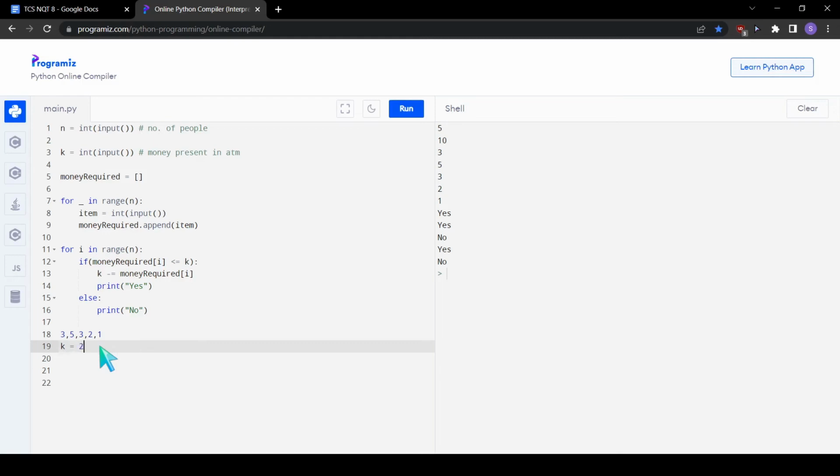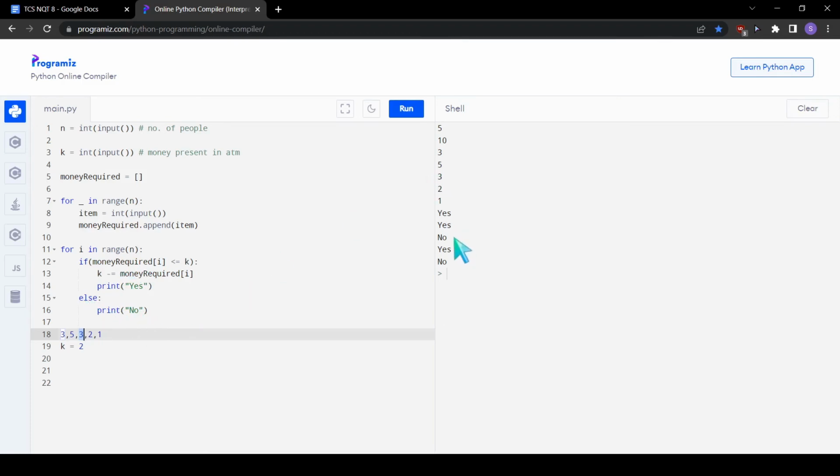Okay, now in the third iteration the third person wants 3 units of money, and we will check if money required of i is less than or equal to k. So money required of i is 3 and the value of k is 2. So is 3 less than or equal to 2? It is not. So we will not go inside if, we will go inside else, and we will print no.